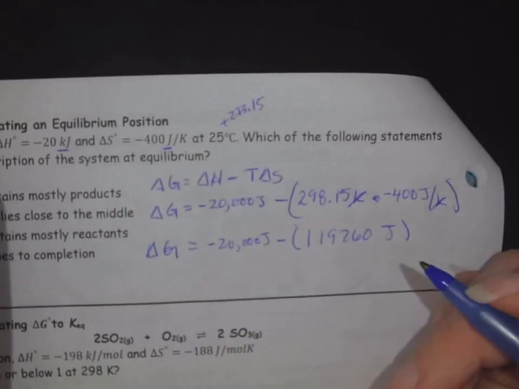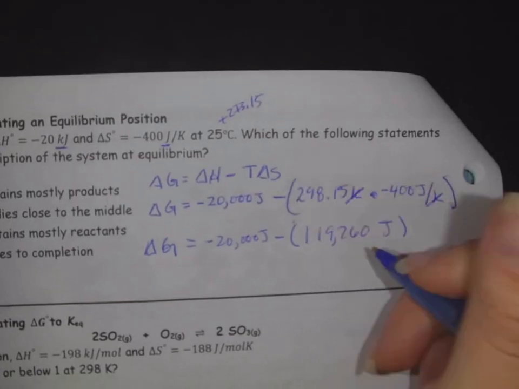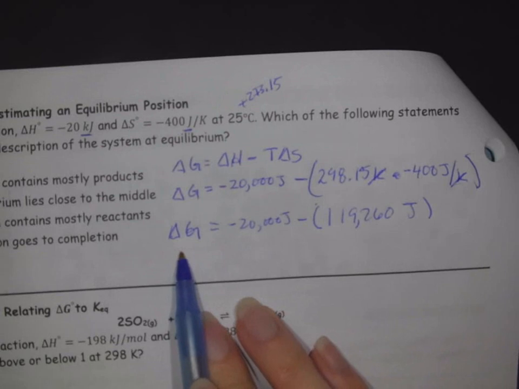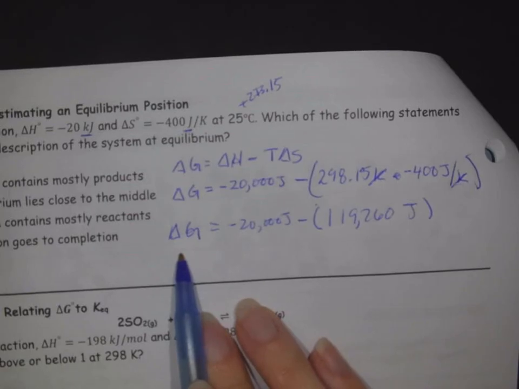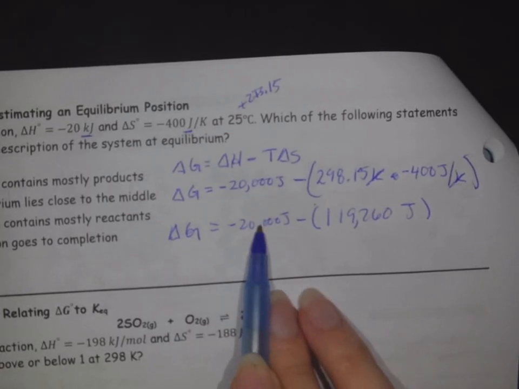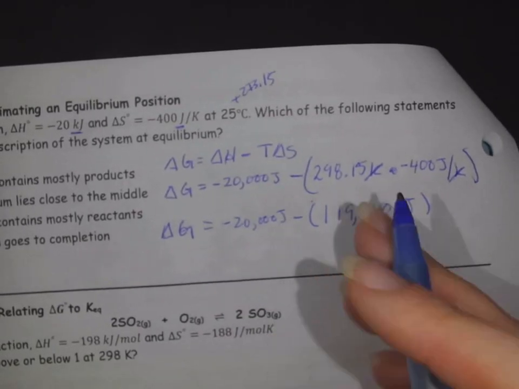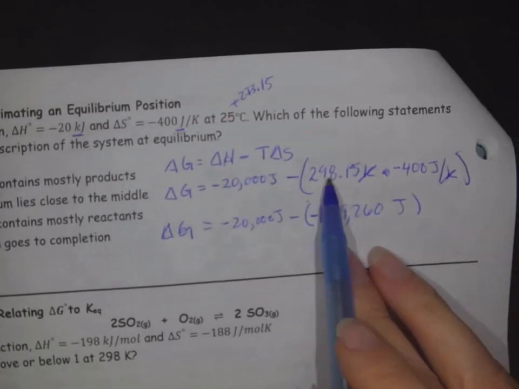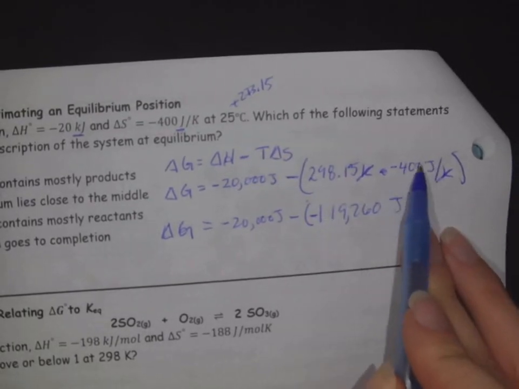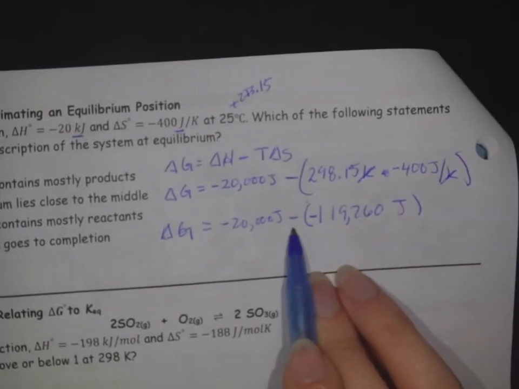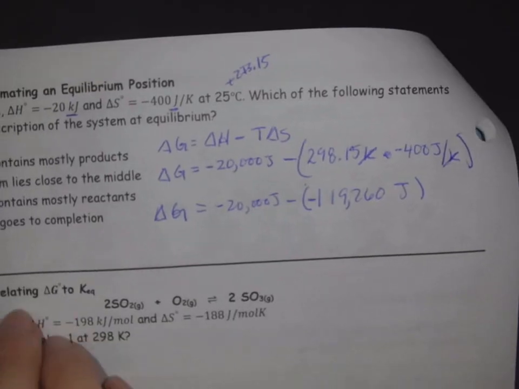And we have negative 20,000 joules minus this. So this is definitely going to be a big negative number, right? Oh wait, I apologize. It's minus this negative, so this is going to be positive. This number times that number is a negative value, and then it's a double negative here, so this is going to be a big positive number.